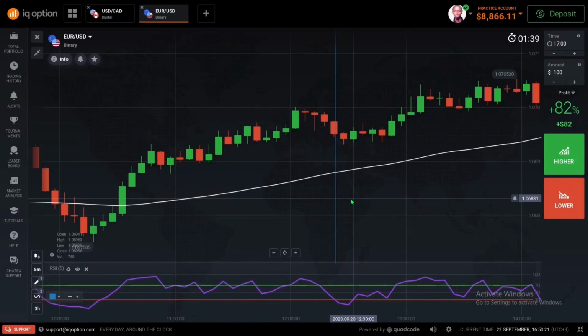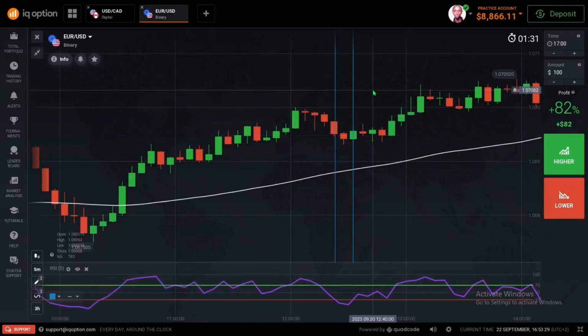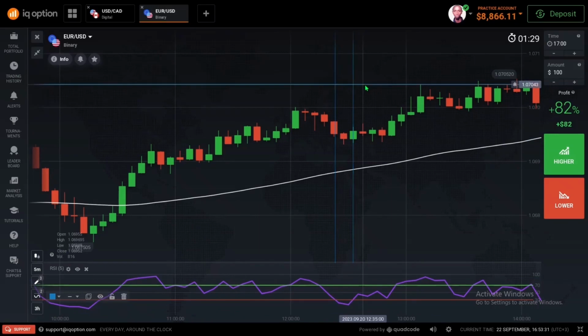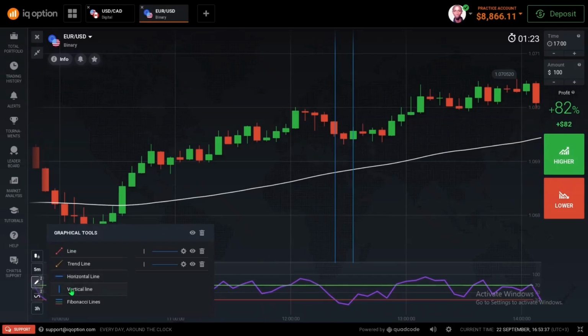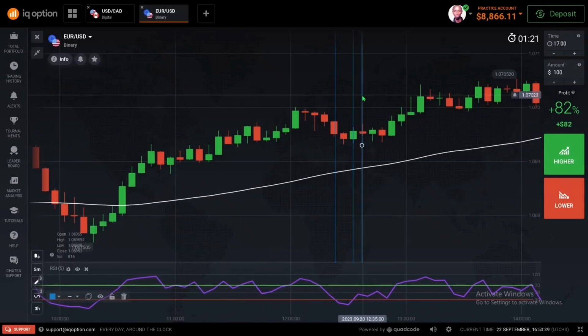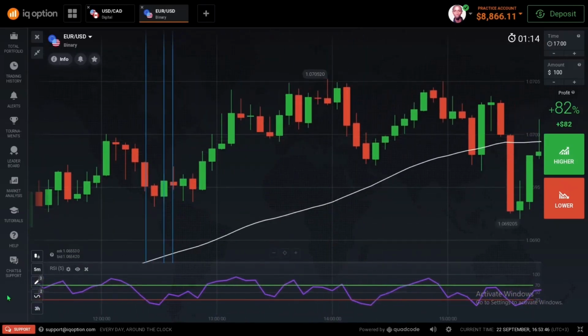RSI goes back above 30 on this candle. This confirms our buy signal. We enter a buy trade on this candle. This time we lost. Let's look for another signal.